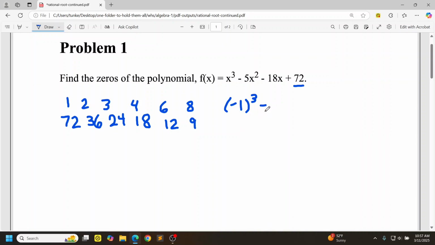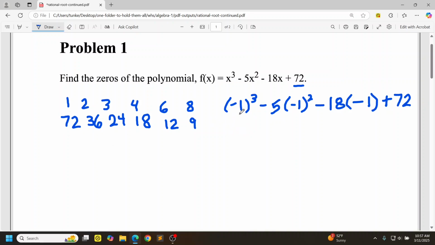Okay, so we've got negative 1 cubed minus 5 times negative 1 squared minus 18 times negative 1 plus 72. And we're looking for, when we put one of these numbers in, we get 0.